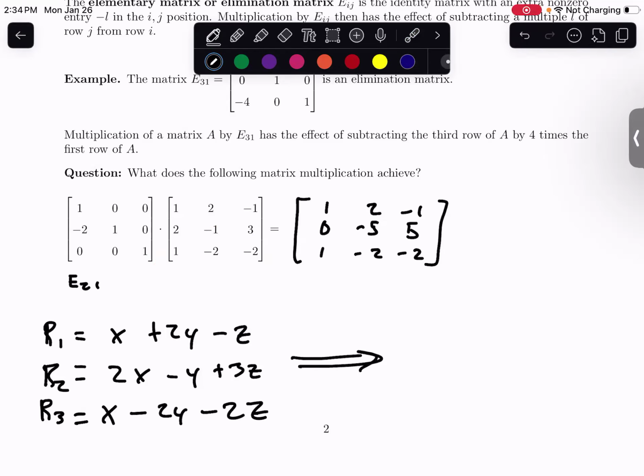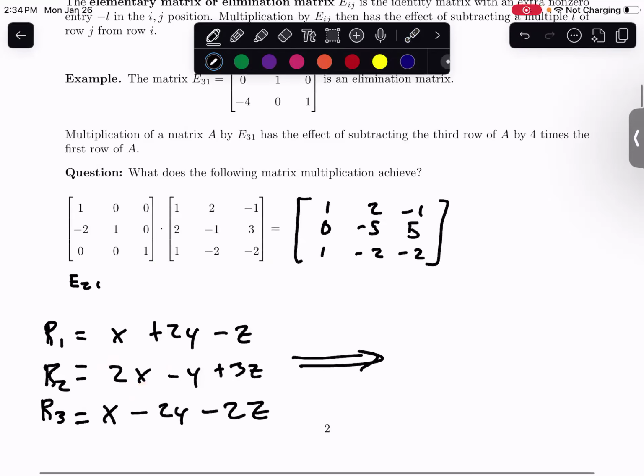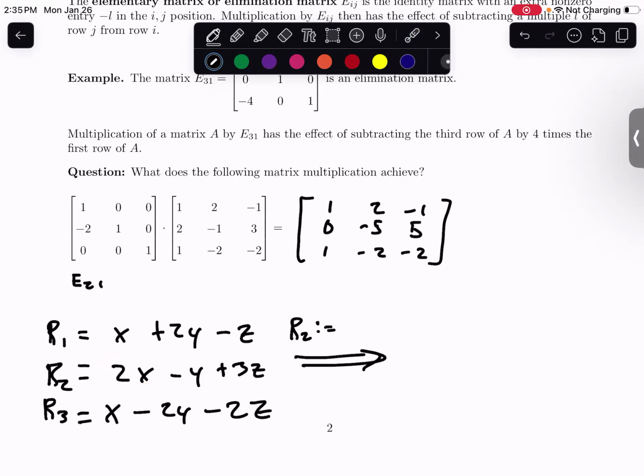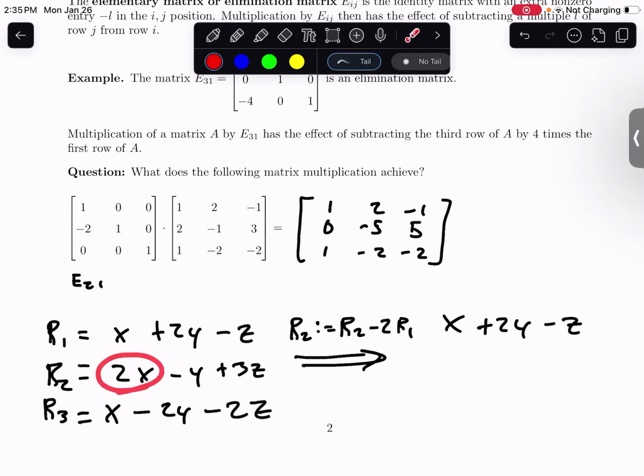If we were instead to think in terms of getting rid of this 2x here, how we wrote this before is row 2 is equivalent to row 2 minus 2 times row 1. You wouldn't change anything about row 1. For row 2, you would be doing 2 minus 2 times x, which would give you a 0.